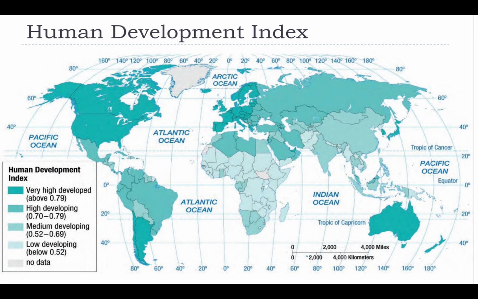Those would be countries in South America, Eastern Europe, Eurasia, and parts of North Africa and Southwest Asia. The medium developed countries are going to be found in the lower latitudes, with countries in Sub-Saharan Africa, South Asia, Central Asia, East Asia, and Southeast Asia, and then low developed will be found predominantly in Sub-Saharan Africa.